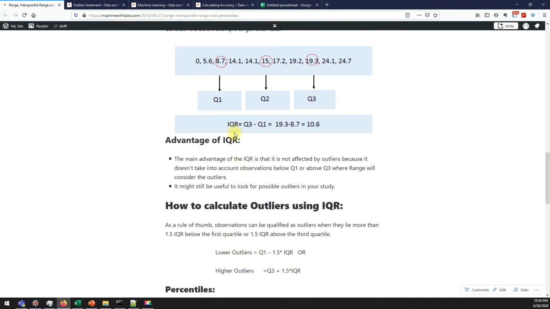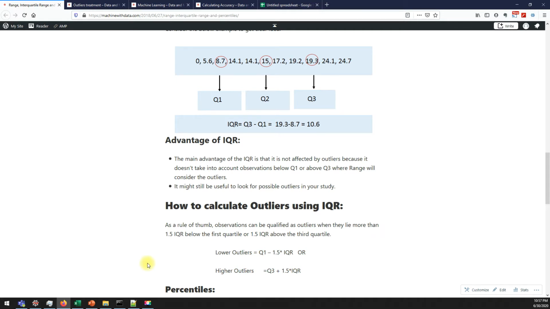To find the lower outlier, I need to subtract 1.5 times the IQR from Q1. To find the higher outlier, which is the extreme outlier, I need to add 1.5 times the IQR to Q3. This is the formula to find outliers, whether higher outliers or lower outliers.